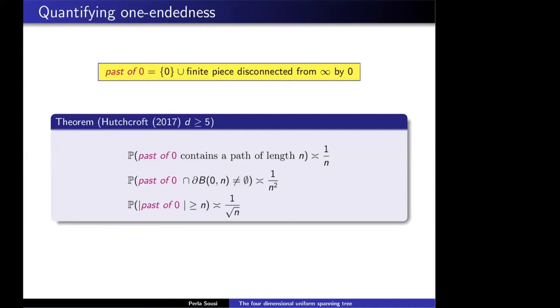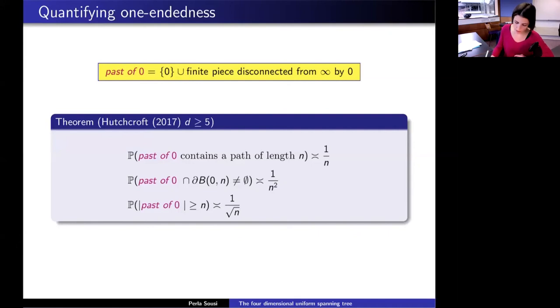Okay, so for dimension 5 and higher, Tom proved that the probability that the past of 0 contains a path of length n is, up to constants, 1 over n. And the probability that the past of 0 reaches the boundary of the ball of radius n grows like 1 over n squared.